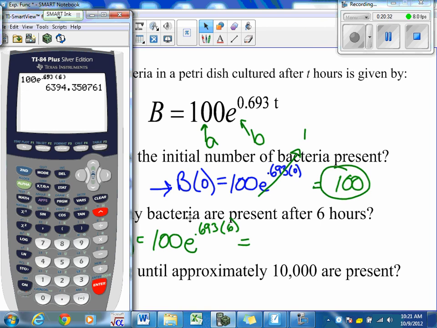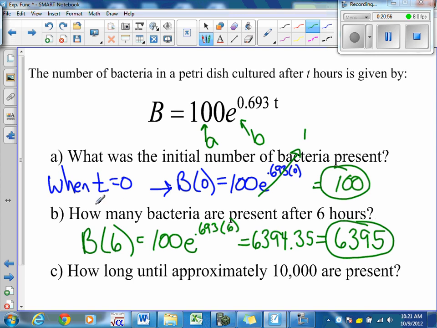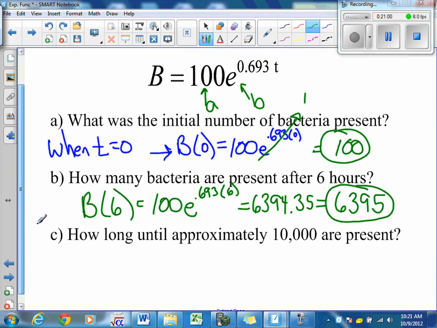So we get 6394.35. Now, obviously we cannot have a partial bacteria, so I'm going to round this up to 6395. We're not going to round to the closest, we'll always just round up. Now, how long until approximately 10,000 are present?